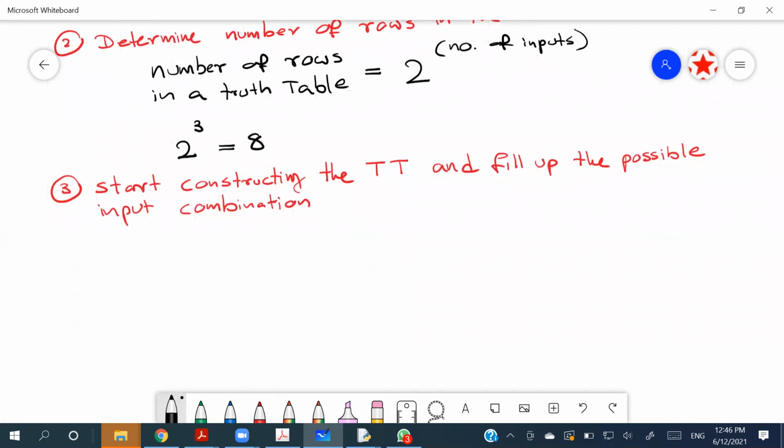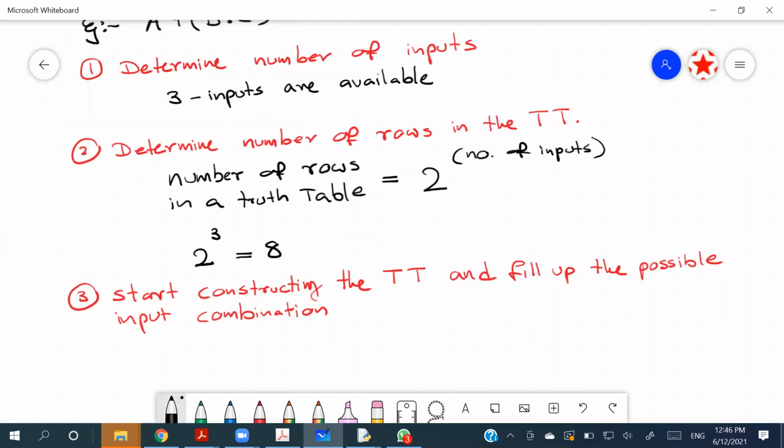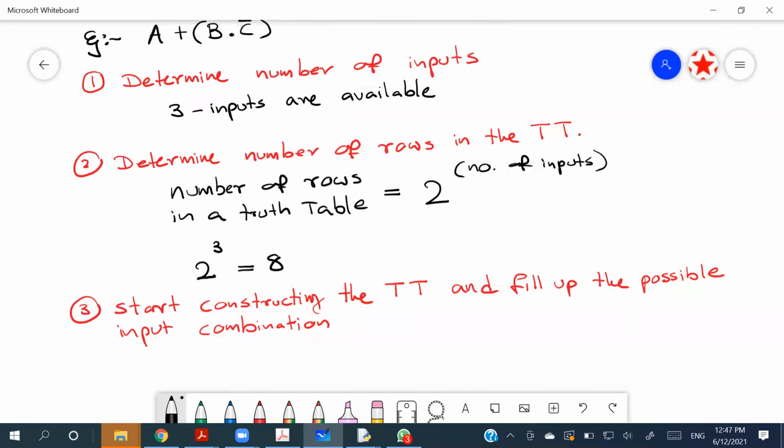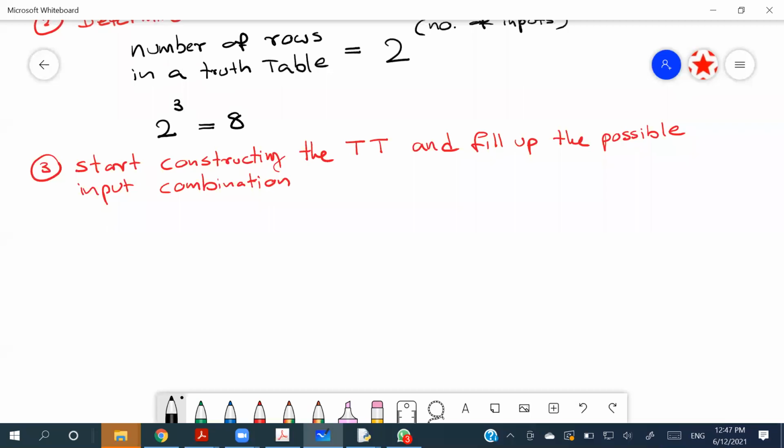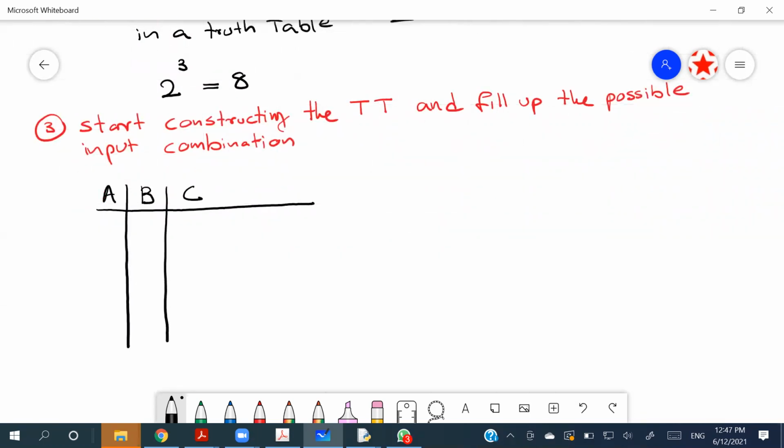And yeah, so I got to know there are 3 inputs, and I got to know there should be 8 rows, right? So I draw A, B, and C, a column for each and every input, and we are going to fill out the columns.